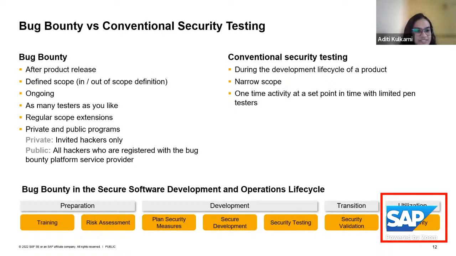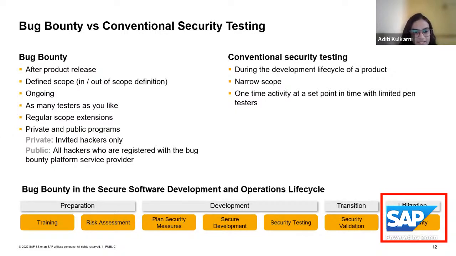Yeah, so as I was saying, with the bug bounty programs, the researchers have the chance to test for a longer duration, which gives more time to find more sophisticated vulnerabilities, right? So that's the main benefit of having a bug bounty program.